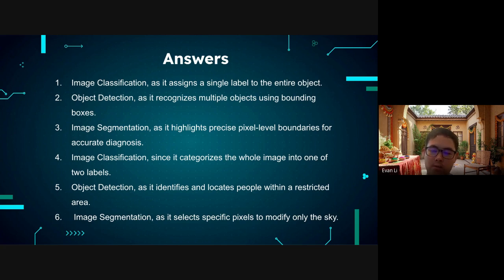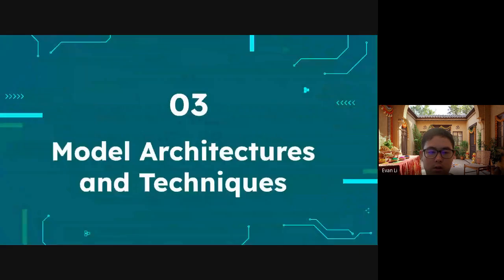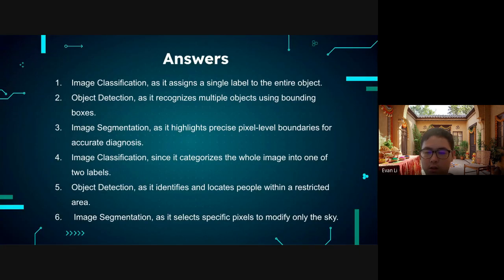Alright, now that you have completed the activity, here are a couple of things you should have learned or thought about. You should have recognized that image classification is used when the goal is to label the entire image with a single category, like identifying a type of fruit or animal. You should have identified object detection when the system needs to find and locate specific objects within an image, often drawing bounding boxes around them, as seen in the self-driving car and security system examples.